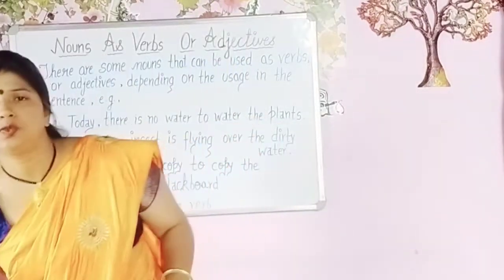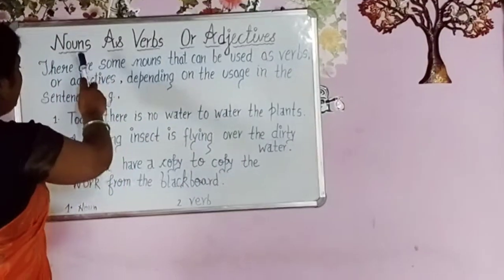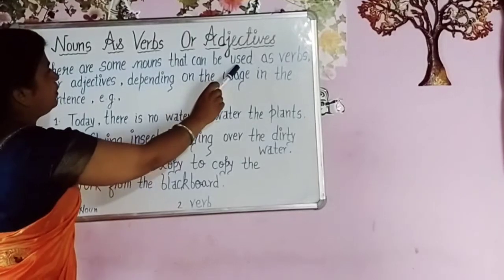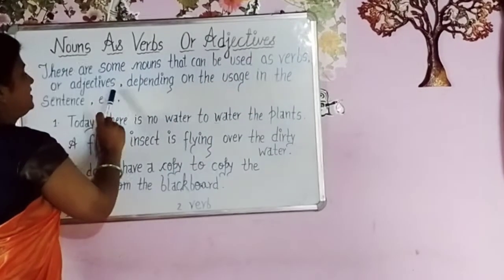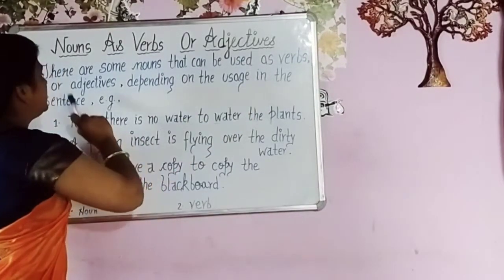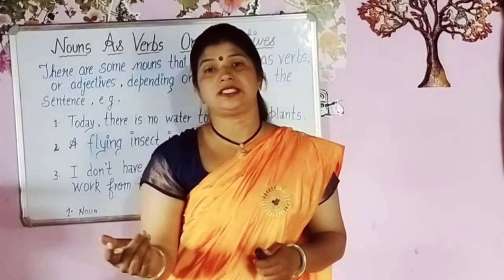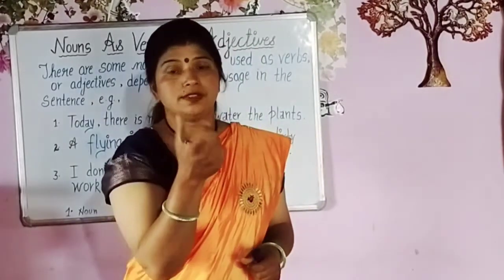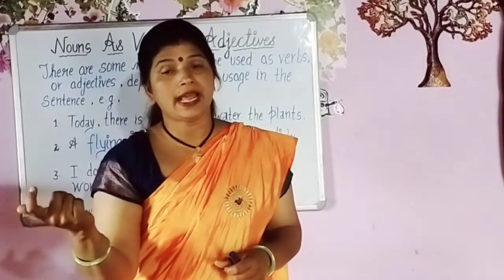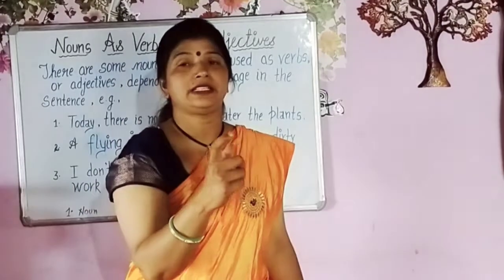So my dear students, I have written something for you on the board. See, there are some nouns that can be used as a verb or adjective depending on the usage in the sentence. Many times we use a noun as a verb and as an adjective, depending upon the use in the sentence.